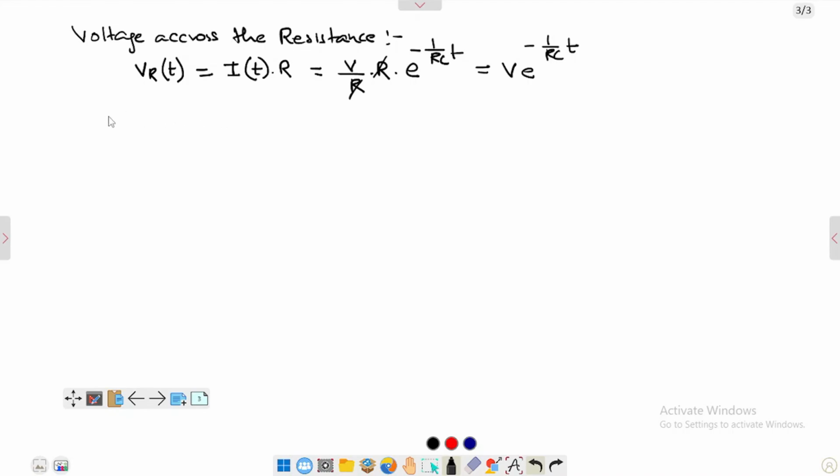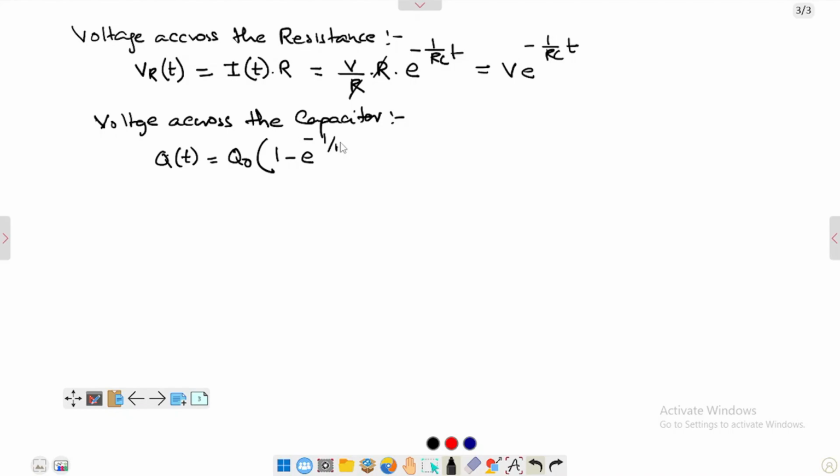Next we will find out the voltage across the capacitor. This is very easy. We know that the charge, which I found a few minutes back, is given as Q naught times 1 minus e to the power minus 1 by RC t.